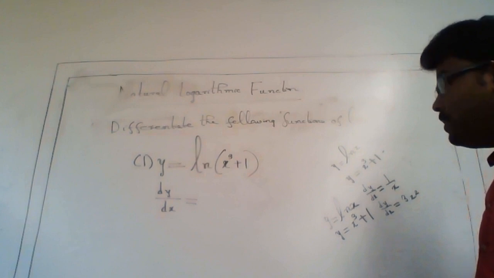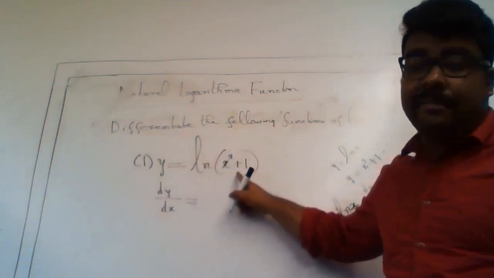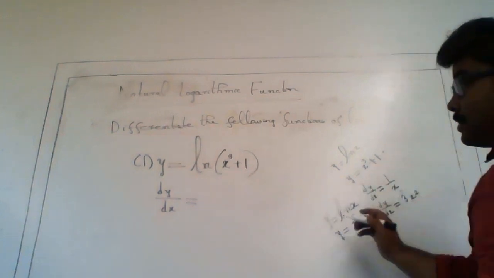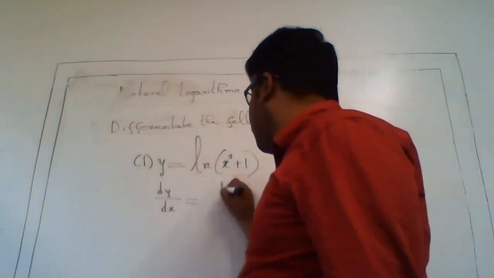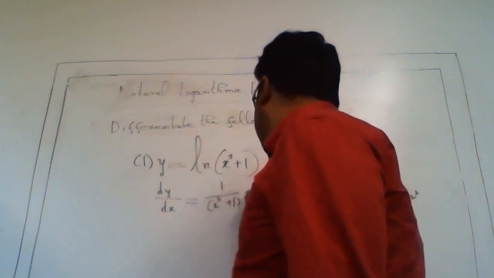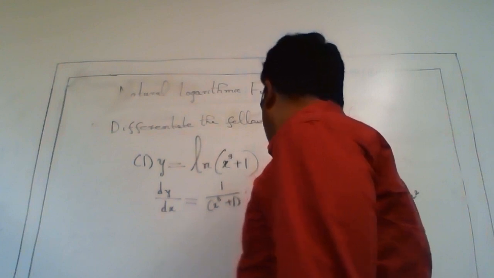So by chain rule, this should be derivative of outer function at inner function. The outer function is ln x, its derivative is 1 over x. So at the inner function means it should be 1 over x cubed plus 1, times the derivative of the inner function, that is d/dx of x cubed plus 1.